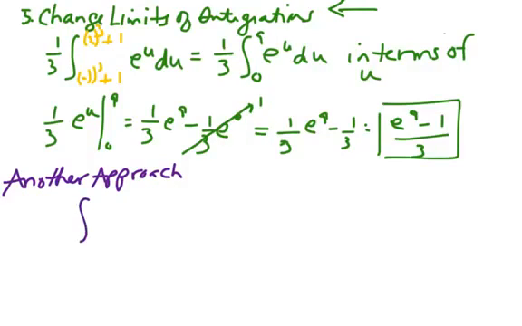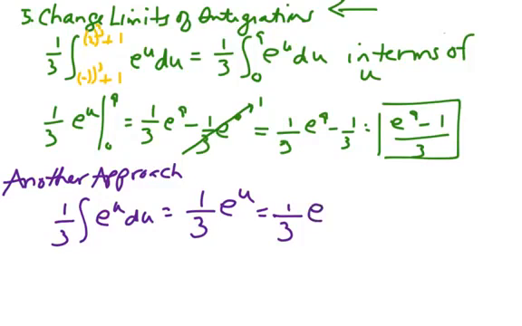If I were to evaluate this and take the antiderivative, you still get 1/3 e to the u. I'll substitute back for u, and u is equal to x cubed plus 1. So this would be 1/3 e to the x cubed plus 1. Evaluate that, and you can leave the limits in terms of x.